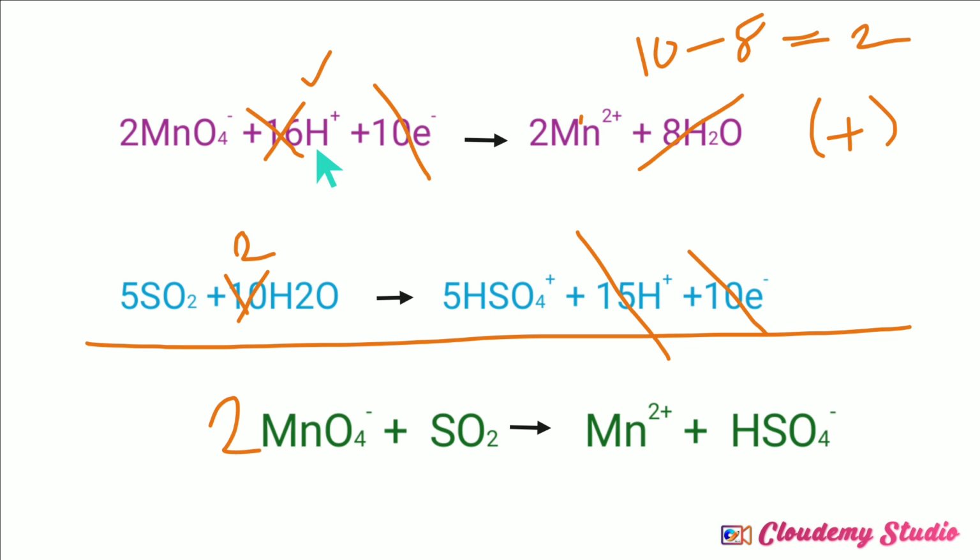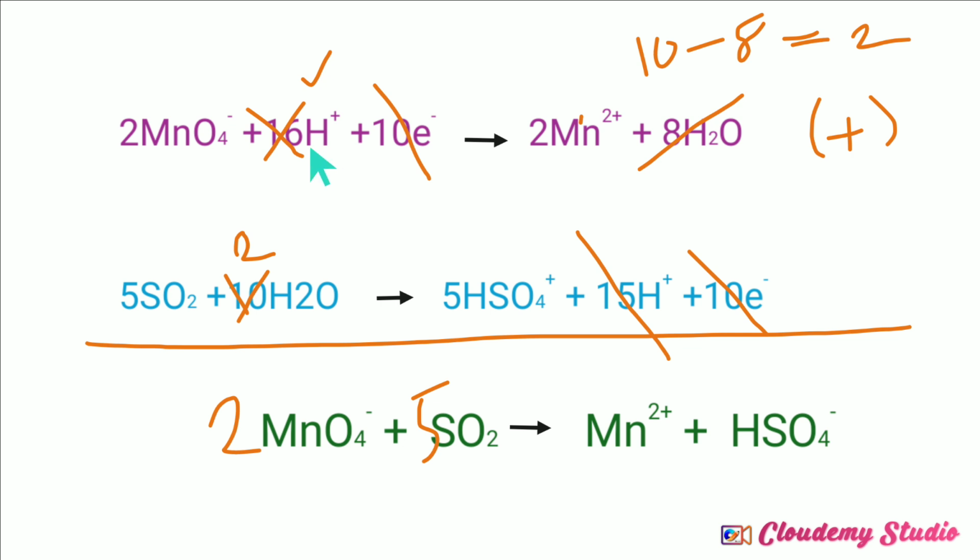hydrogen ion. One hydrogen ion. Then 5 moles of sulfur dioxide and 2 moles of water. So first we can write 5 moles of sulfur dioxide.